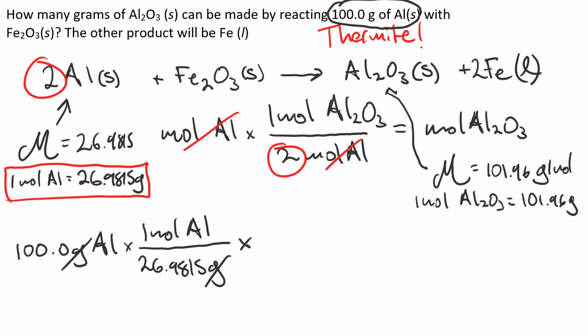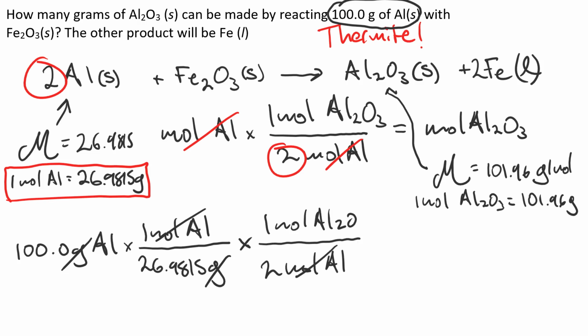Our next conversion factor is going to be the mole ratio, which we get from the balanced equation as enumerated above. We have 2 moles of Al in the balanced equation. That cancels moles of aluminum. Up top goes 1 mole of Al2O3, since Al2O3 is the substance of interest.